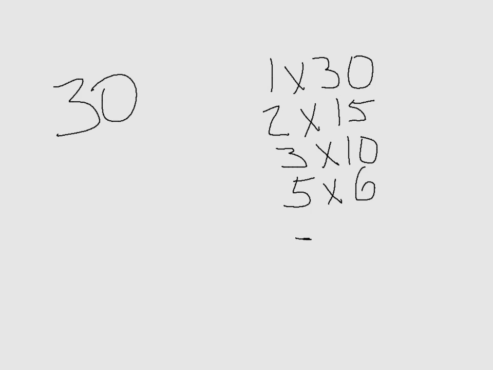And again, I followed my divisibility rules from the chart: any number is divisible by 1, because it turns into itself. Any number that's even is divisible by 2, and 30 is even. Any number whose digits add up to 3, 6, or 9 is divisible by 3, which that is. Any number that ends in 5 or 0 is divisible by 5. Any number that's divisible by 2 and 3 is divisible by 6.